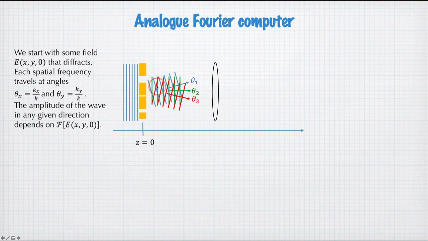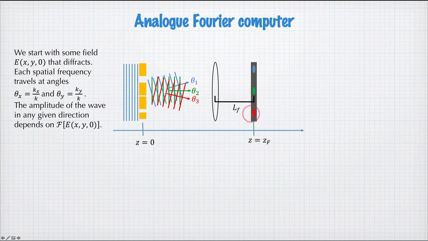And the lens takes these waves propagating at different angles and focuses them to particular spots at the focal plane of the lens. So the light travelling at angle theta 3 will be focused down here, theta 2 in the middle, and theta 1 at the top. So now we've taken light at a particular angle and converted it to a spot on the focal plane.